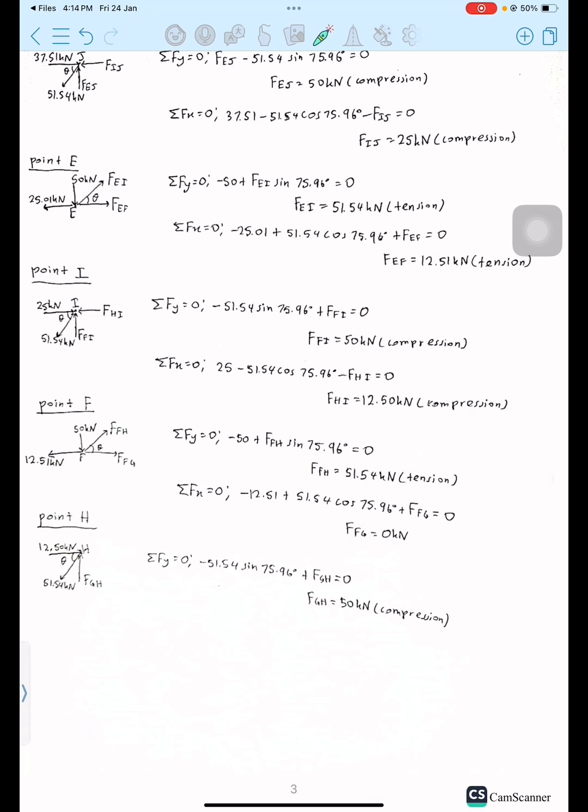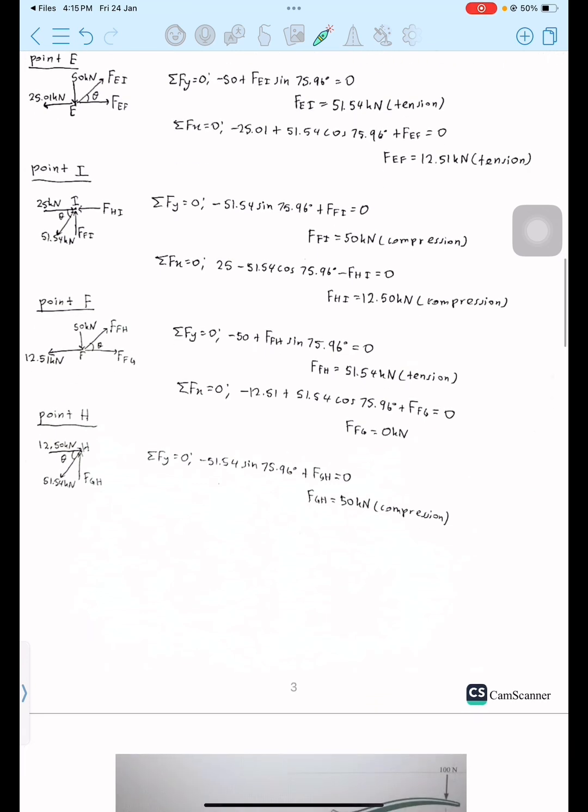The answer will be 50 kilonewton, and it is compression because of course it's pointing towards the I point. Summation Fs equals 0, we'll have 25 minus 51.54 cos 75.96 minus FHI equals 0. The answer will be 12.50 kilonewton, and it is also compression.